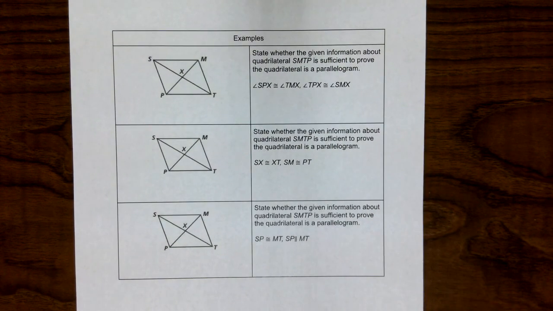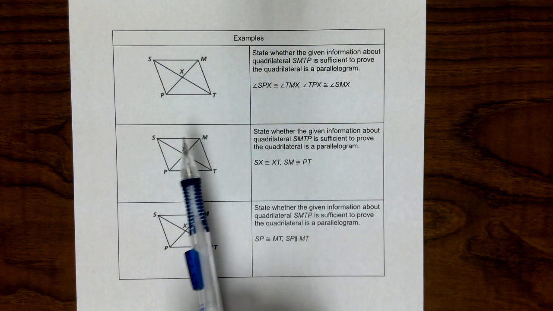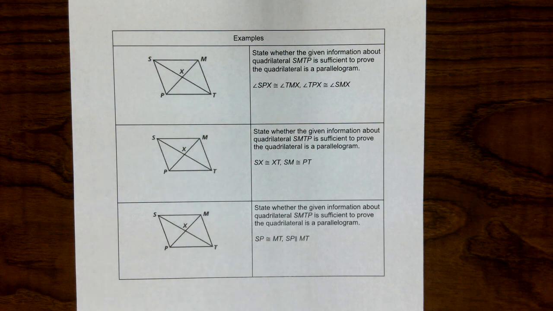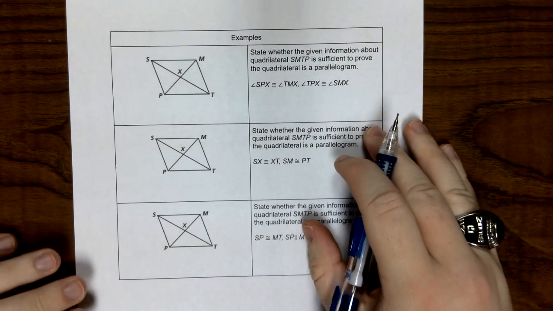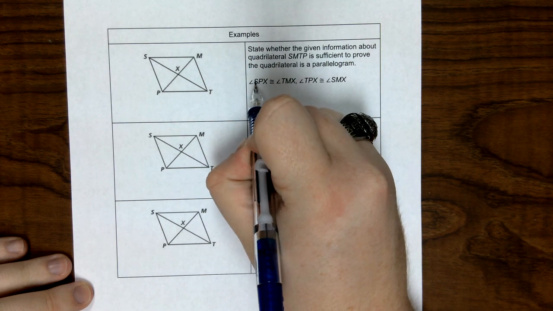Now, these are kind of like informal proofs, okay? What we're going to do is see if the information they gave us is enough to say that this is a parallelogram, okay? And I think what would help us is if we mark up the picture according to what they tell us, okay? So, angle SPX.